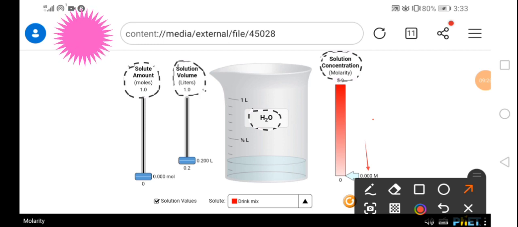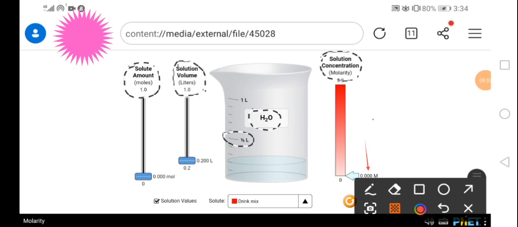So in the first place, I am going to add the solute to 0.5 liters, which is 1/2. That is 0.5 liters. We'll see the initial concentration we are going to get.